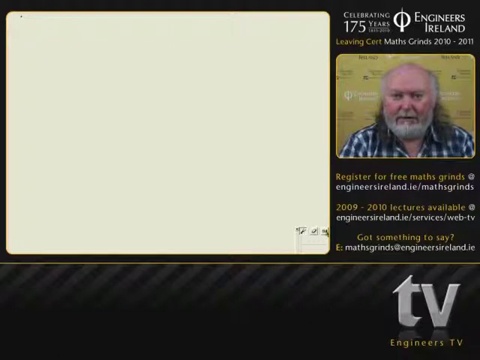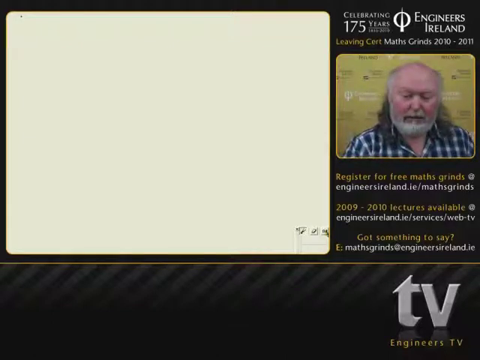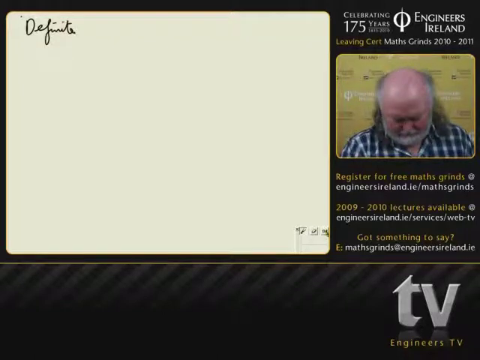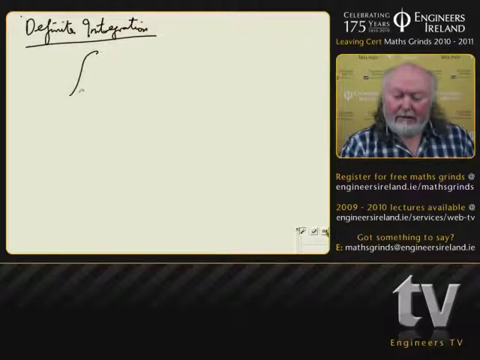If we want to be definite, if we want to be certain, we need some other piece of information. And in integration, it's normally supplied. And we'll say we want to be definite. It's applied by way of limits.